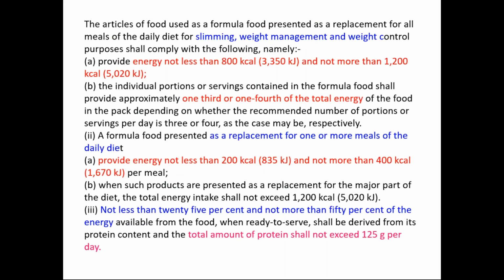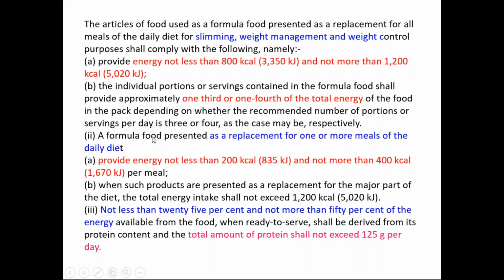For example, for slimming, weight management and weight control, it says the food should provide energy not less than 800 kilocalories, and it should be not more than 1,200 calories. And individual portions should provide approximately one third or one fourth of the total energy.